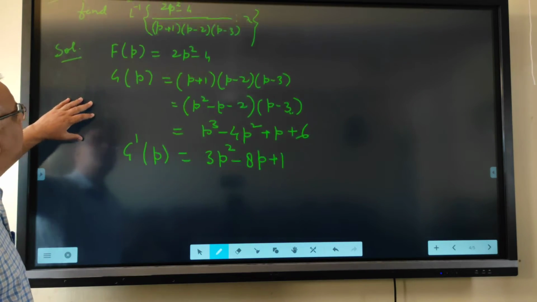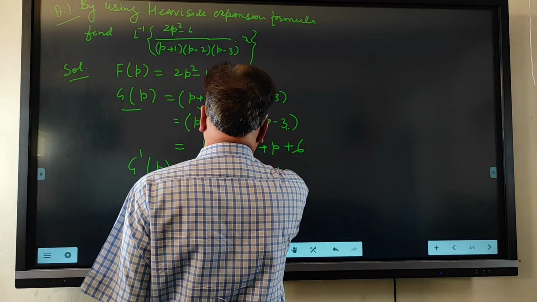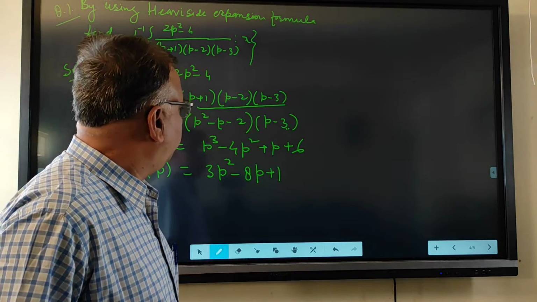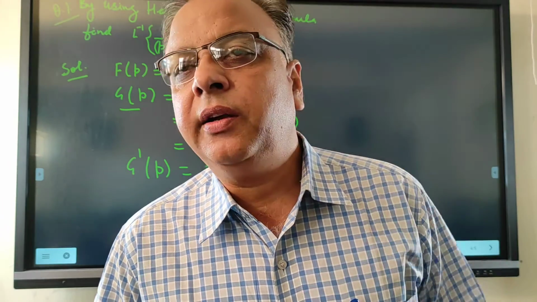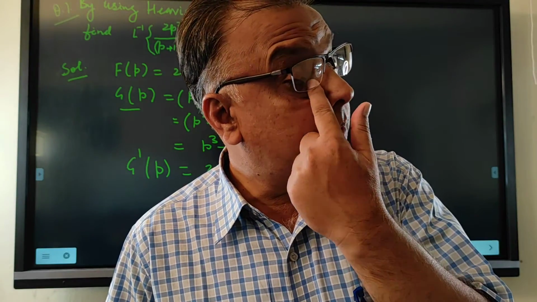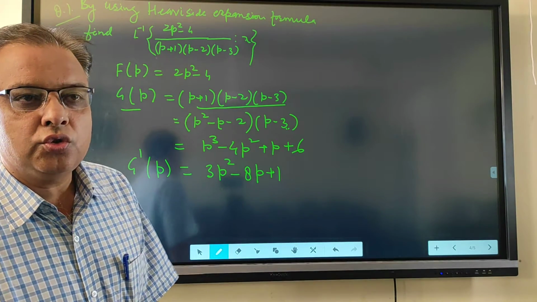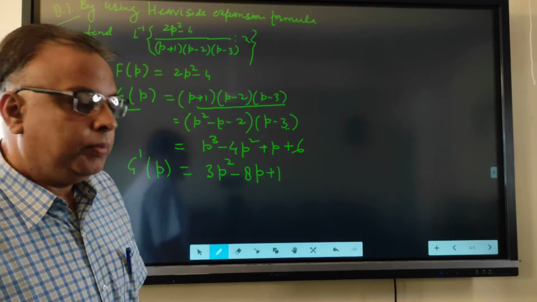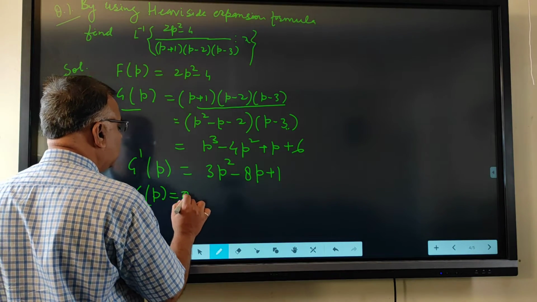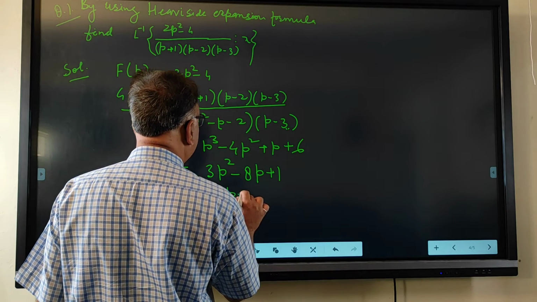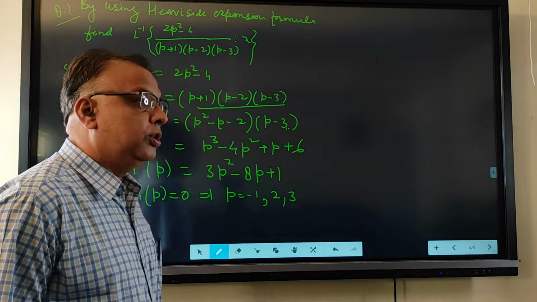Now here we see that G(p) = (p + 1)(p − 2)(p − 3). G(p) is a polynomial involving linear factors. So if we take G(p) = 0, then we get p = −1, p = 2 and p = 3.